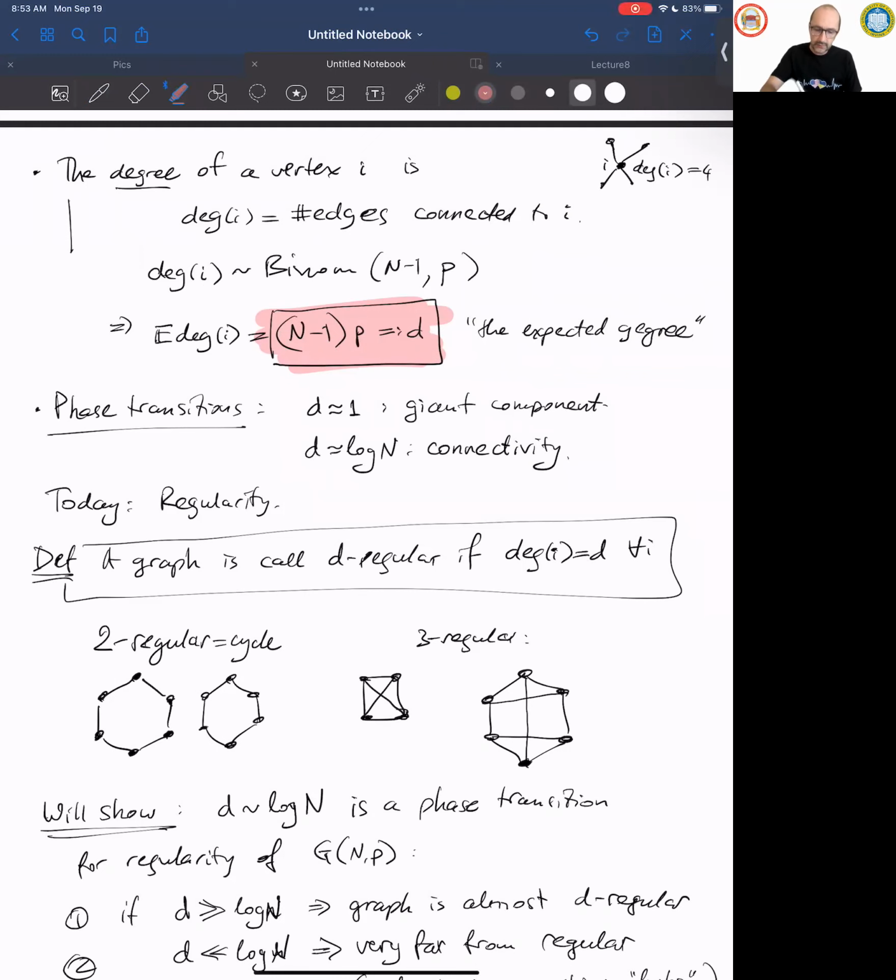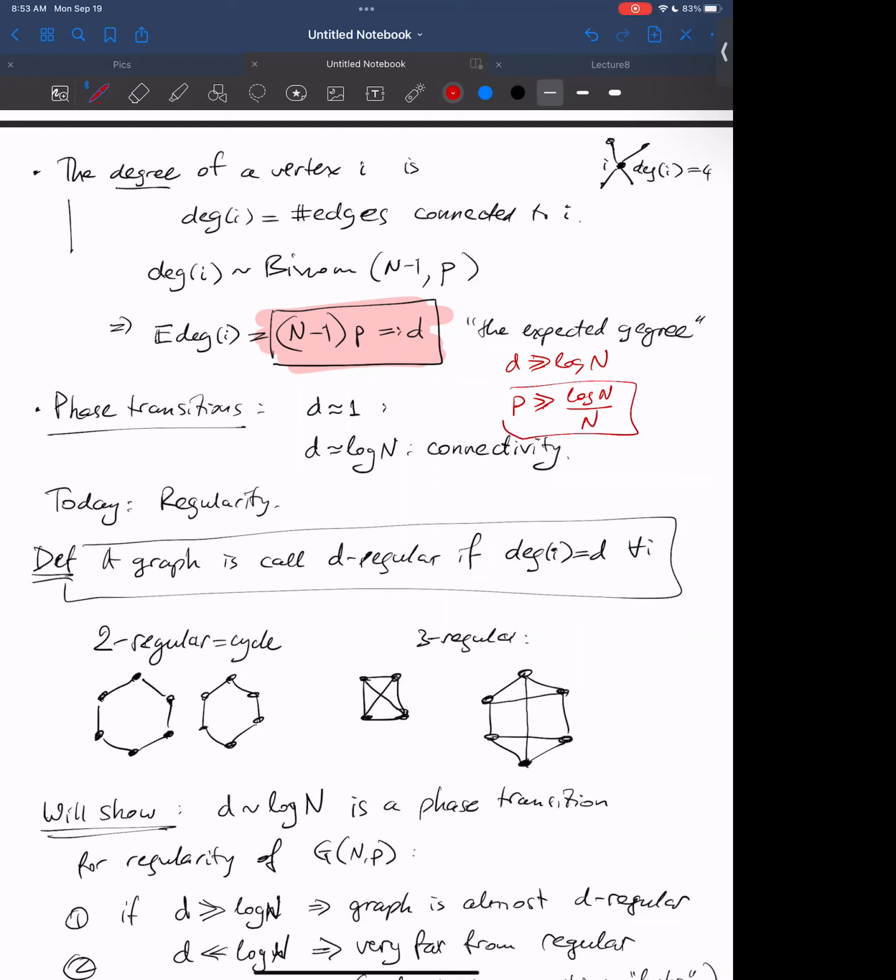When we say that d is greater than log n, I could have written this as p. d is np, so p is greater than log n over n minus 1, but I can skip the n minus 1. Yeah, okay, I get it. Thanks. Good, everybody understand that?